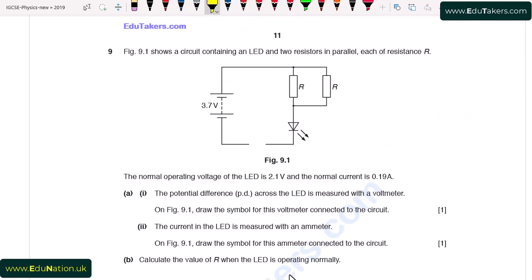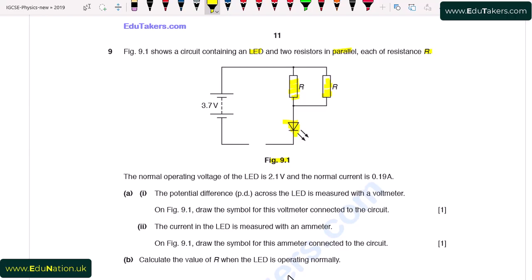Question number 9. Figure 9.1 shows a circuit containing an LED and two resistors in parallel, each of resistance capital R. Here is figure 9.1 and we can see that these are two resistors. This is R and the second one is also R. Both of these are in parallel, and there is also an LED that is connected in series with both of these resistors.